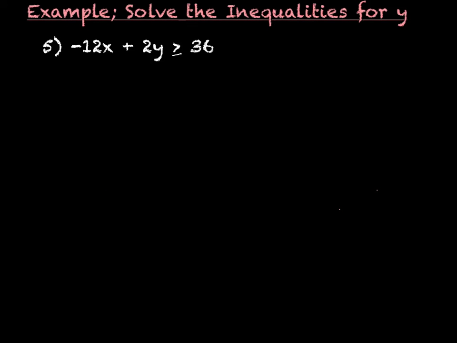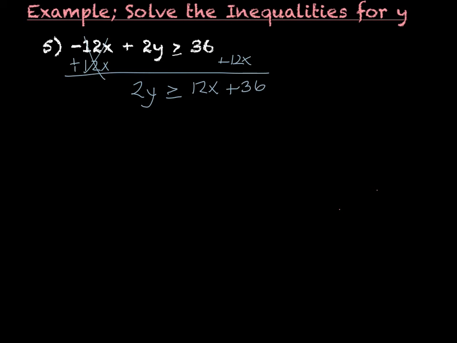For this next example, we have negative 12x plus 2y is greater than or equal to 36. So I want to solve for y. So I'm going to do the opposite of minus 12x, which is plus 12x, to both sides. So I have 2y is greater than or equal to 12x plus 36.